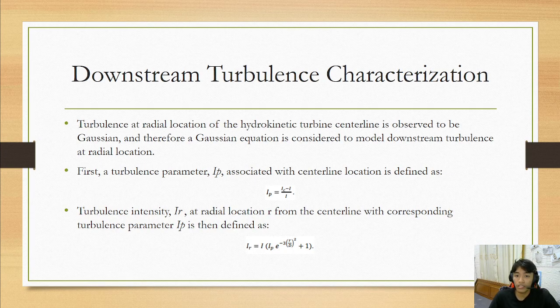First, a turbulence parameter IP associated with centerline location is defined as IP equals (IC minus I) over I, and the turbulence intensity IR at radial location R from the centerline with corresponding turbulence IP is then defined as IR equals I multiplied by IP times the exponential of negative 3 (R over D) squared plus 1.